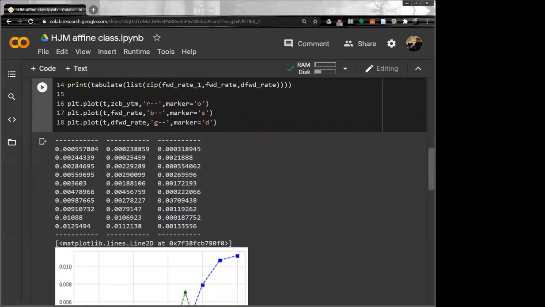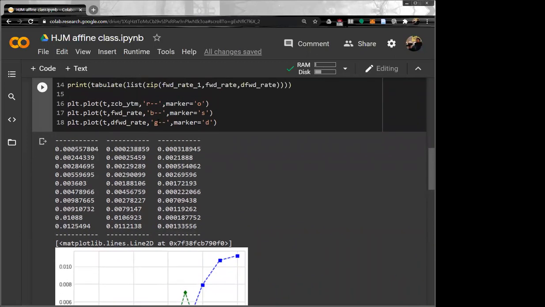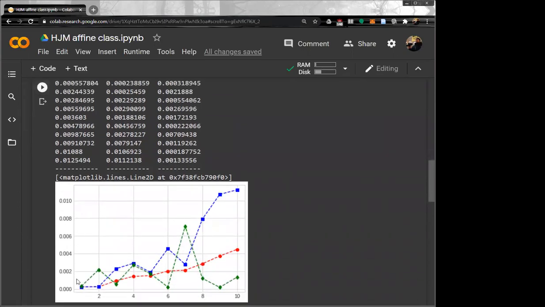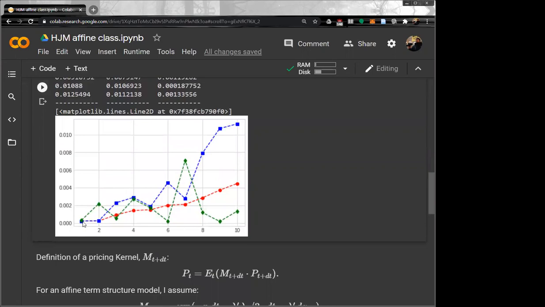So I made a graph. The red dotted line is the zero yield. And from the zero yield, this blue one is the forward rate. So when the red one increases, it increases.